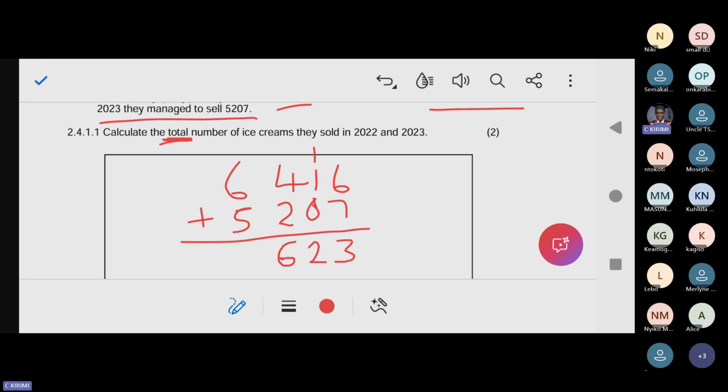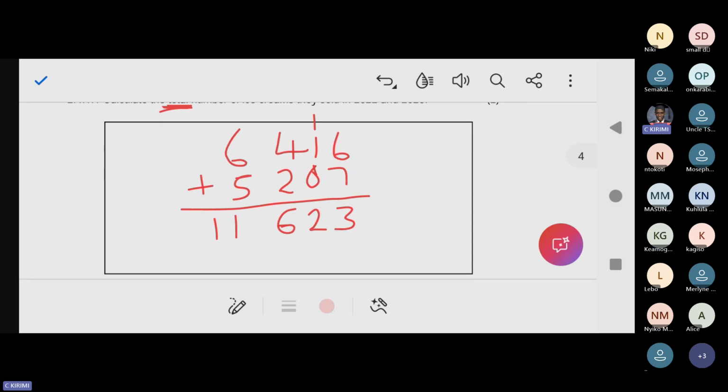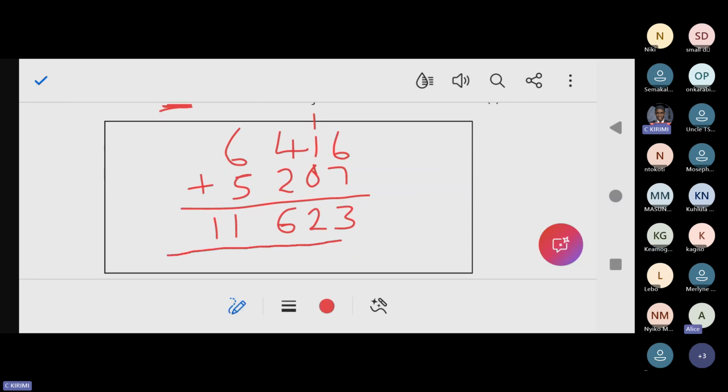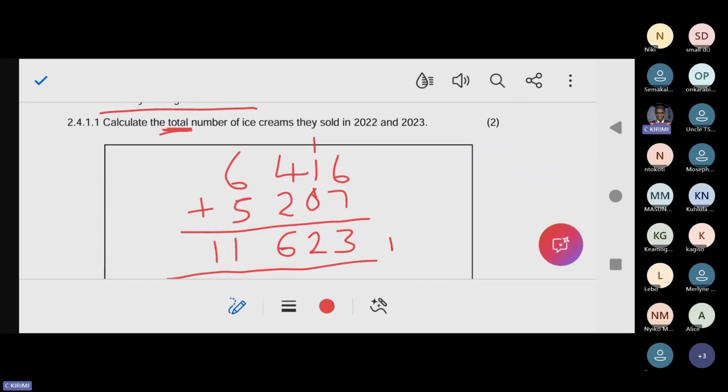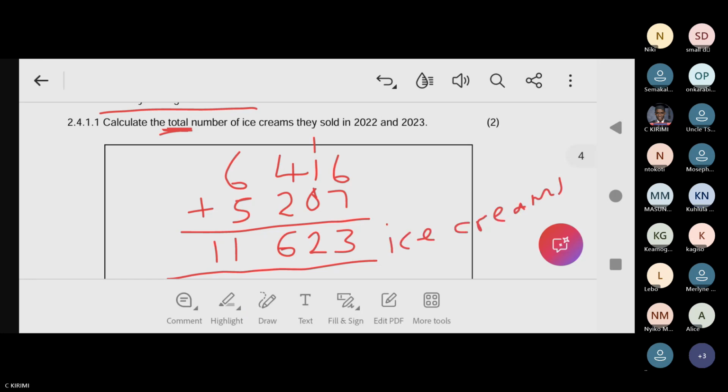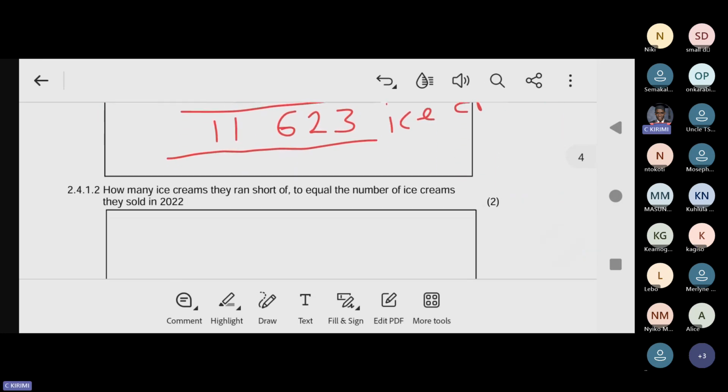And then 6 plus 5? 11. So that number in words is 11,623. So those were the total number of ice creams that were sold in the year 2022 and 2023. Yes. So let's move to the next question.